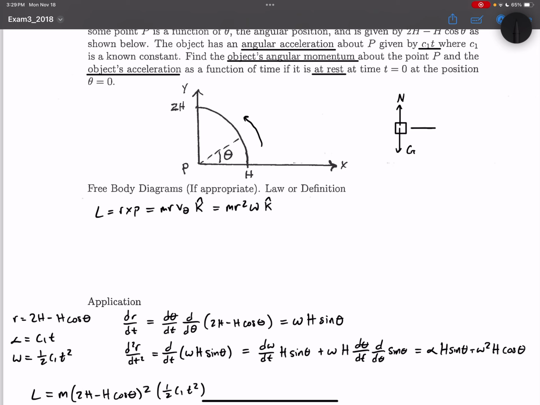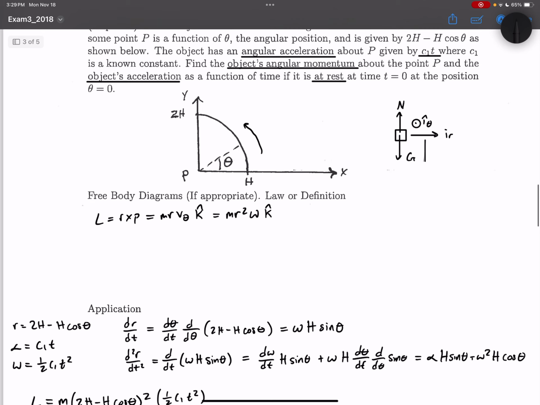It's going to have its IR. That means I theta would be into the page, and then K would be going up. I know this looks kind of ugly, but the Z axis would be going up.